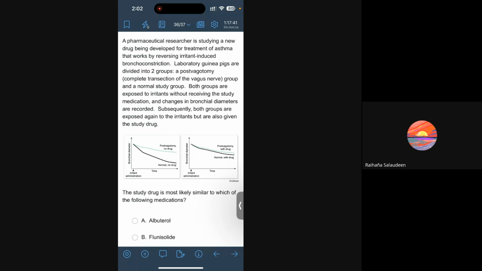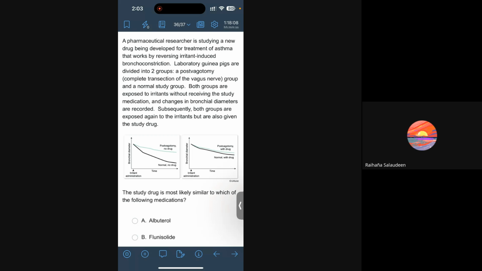The only reason that can explain this finding is that the drug is acting through the parasympathetic nervous system, right? That's why when you have cut off the parasympathetic nervous system, adding the drug will not have any effect. The green lines in both graphs are similar.